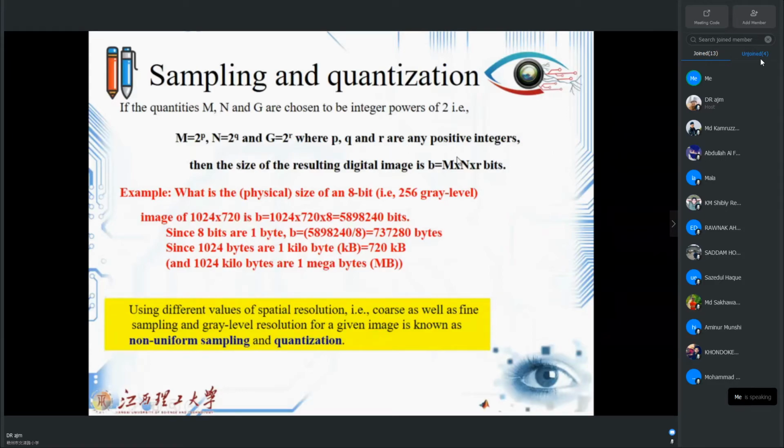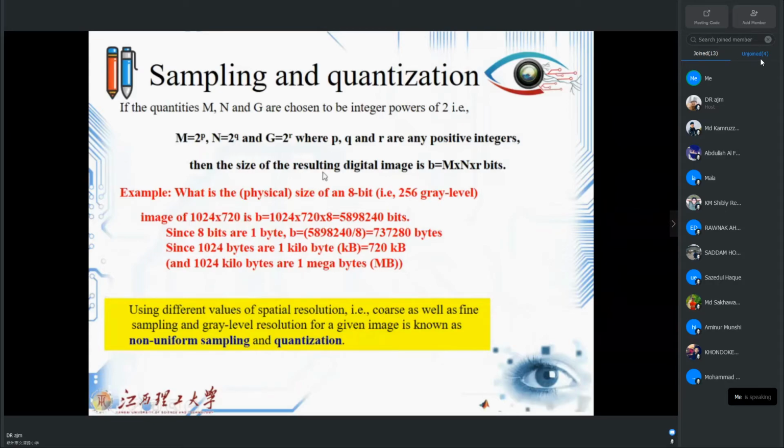Just assume this idea. Then the size of the resulting digital image is M multiplied by N multiplied by r bits.